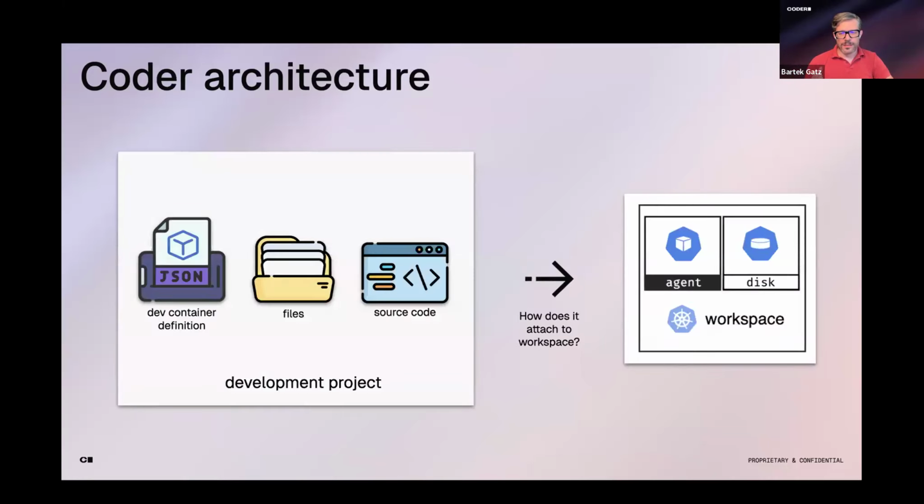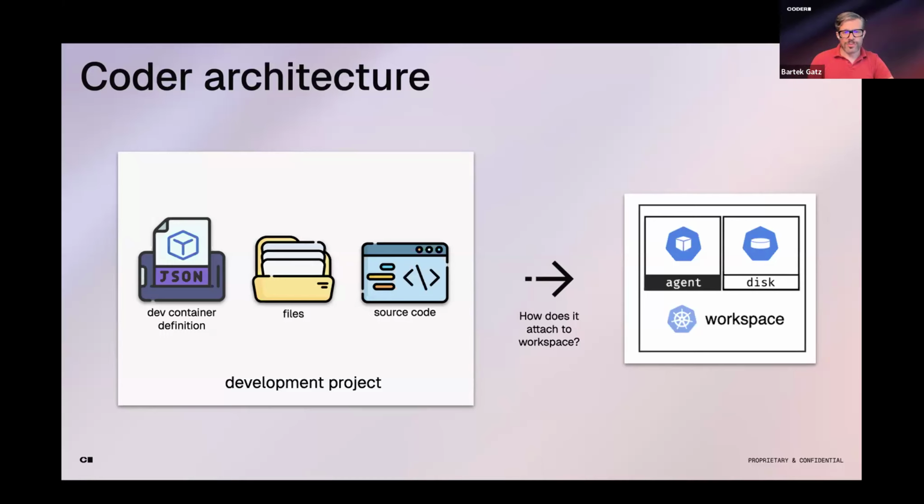Now, when the workspace is created, you want to attach your repository to it. You want to attach your development project to it. And this project, of course, consists of your source files. It may have some additional files in it. And if it happens to be enhanced with a dev container definition, it is also going to have a JSON file called devcontainer.json.